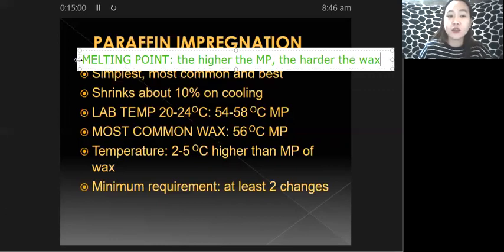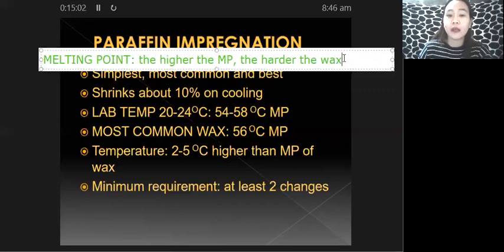And actually, when it comes to infiltration and embedding, in relation to your sectioning later on, we want a hard wax. Why? Because the harder the wax or the harder the media, the thinner the sections.